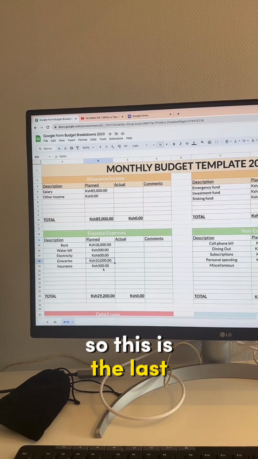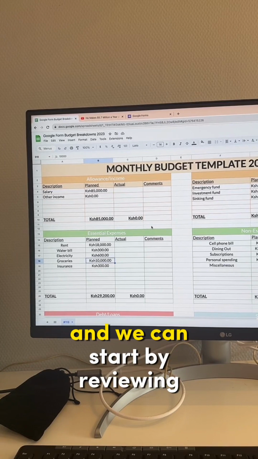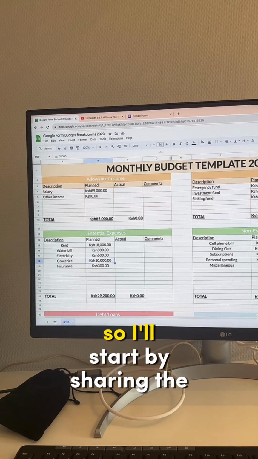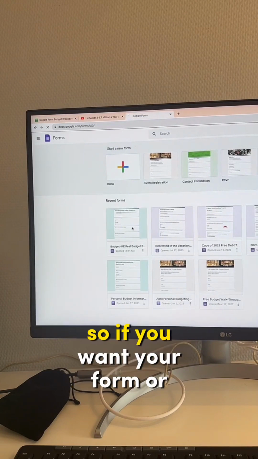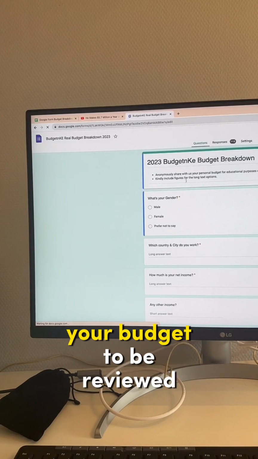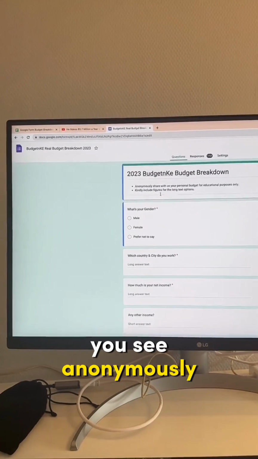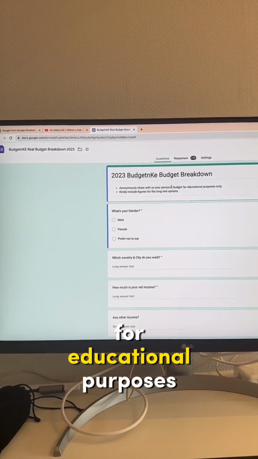So this is the budget I posted today, and we can start by reviewing it. So I'll start by sharing the Google form, right? If you want your budget to be reviewed anonymously, you share with me your personal budget for educational purposes.